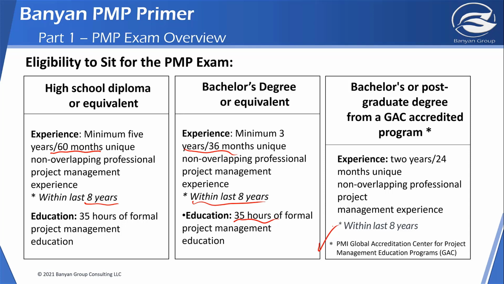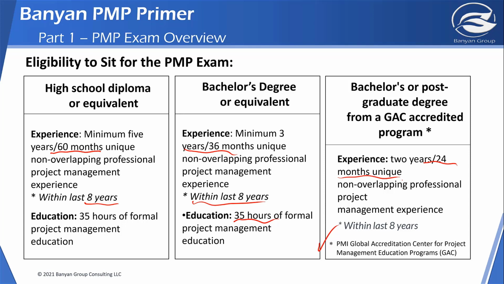So people who go out and get a project management degree, the benefit of doing that is it takes some of the experience time off of their prerequisite. Instead of 36 months, they just need to have 24 months of project management experience. And they get a pass on the education requirement.